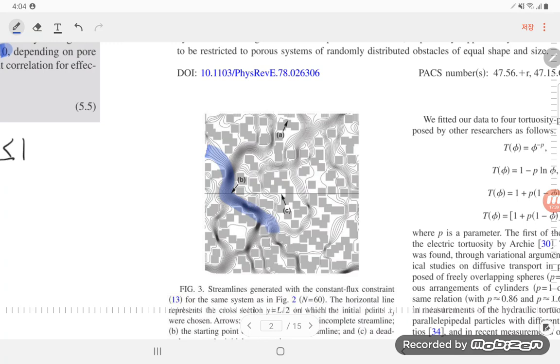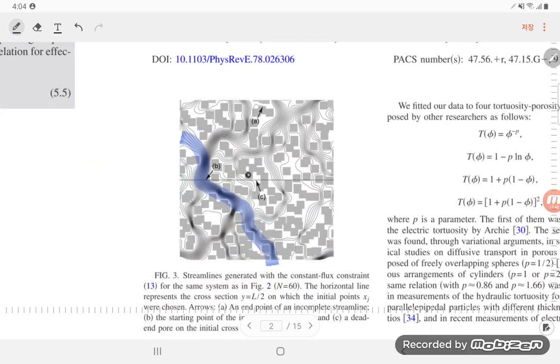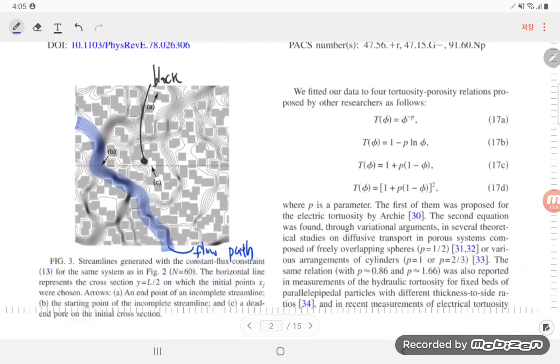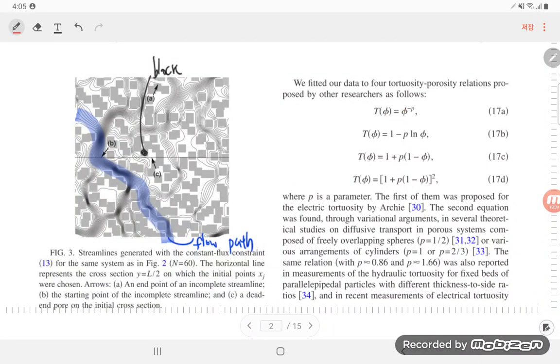So this is the flow path, and this gray one is the blockage. This one is the blockage, and this is the flow path. Okay, when I read this paper, there is the equation for the relation of these two terms.